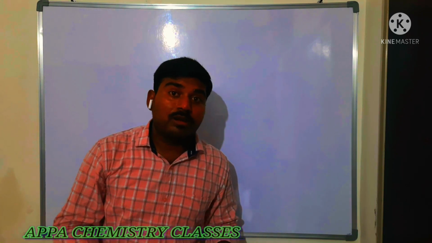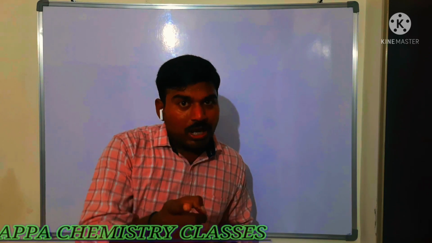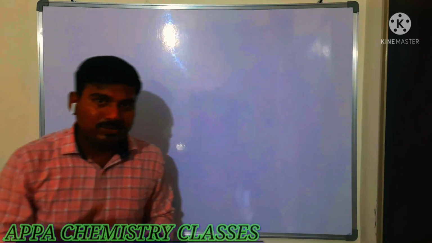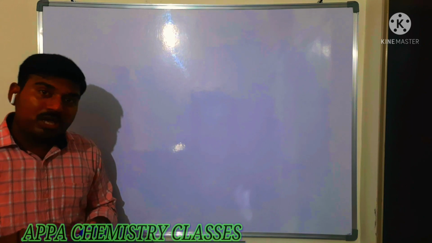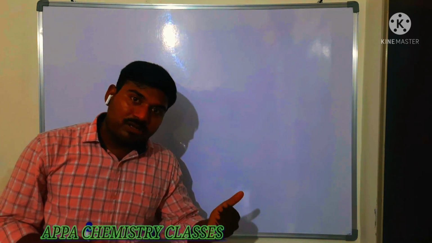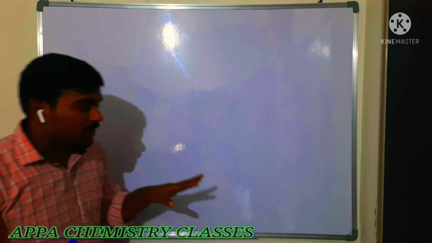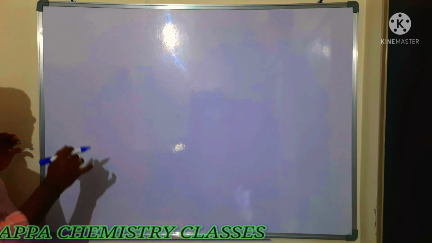Even orbitals without electrons are involved in hybridization. You add this point to the hybridization concept. So which orbitals will be involved? Orbitals with one electron, with paired electrons, and even without any electrons are involved in hybridization.